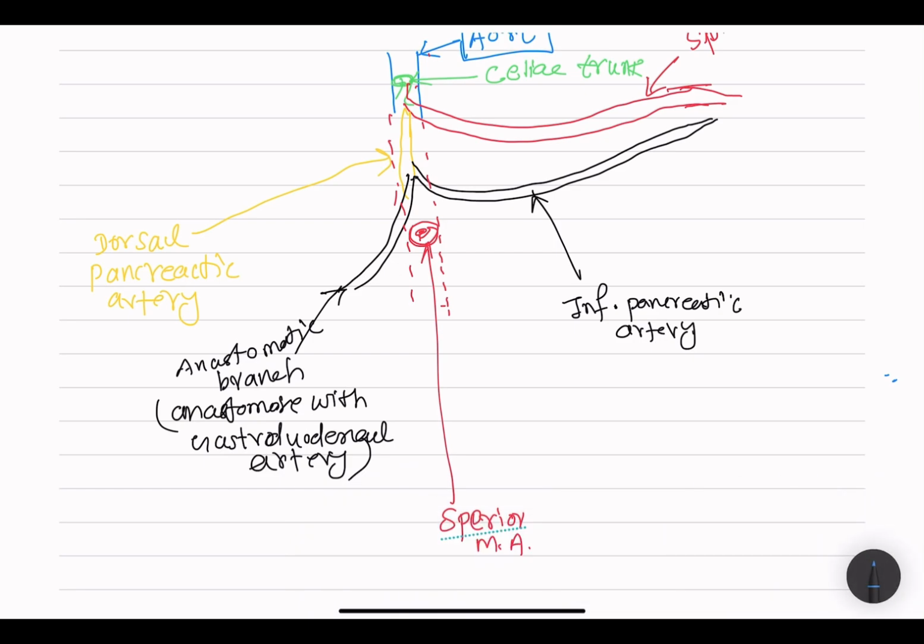From this superior mesenteric artery, there will be branches going to the head of the pancreas. It supplies the head of the pancreas, and it's divided into anterior and posterior.